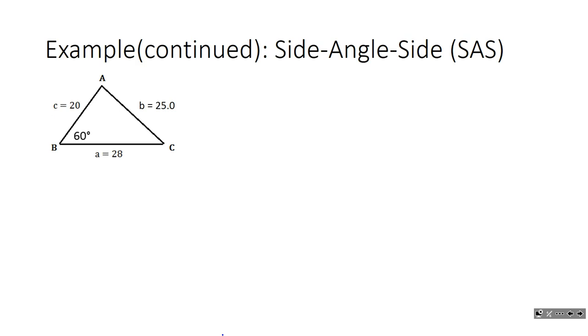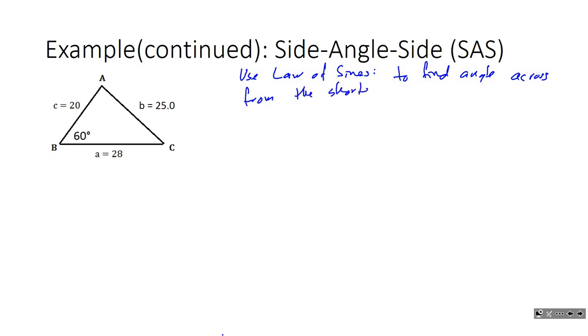What I want you to do is, I'll write it out for you, use the law of sines next, and use it to find the angle across from the shortest of the given sides. Find the angle across from the shortest of the given sides.